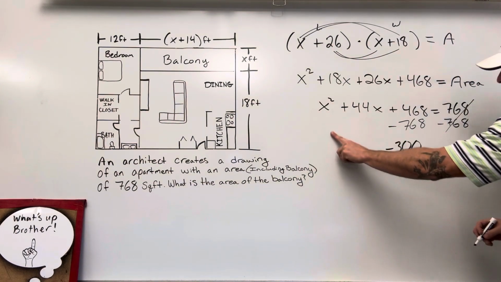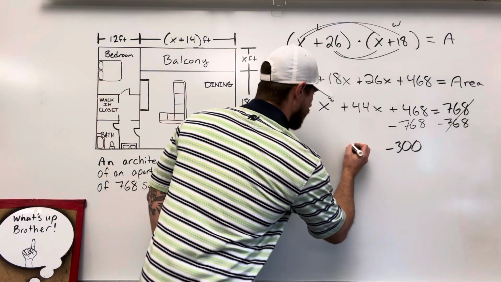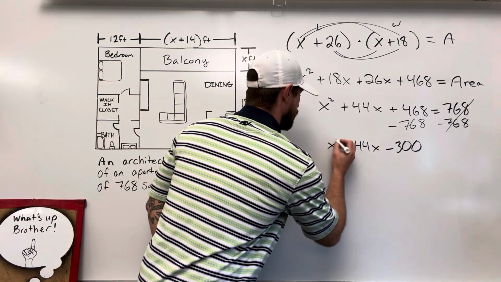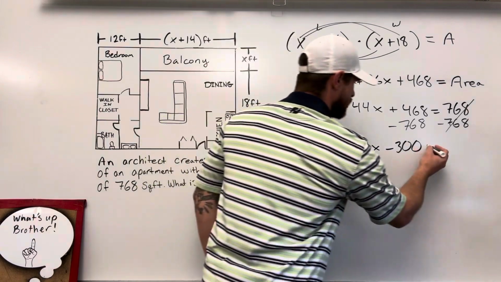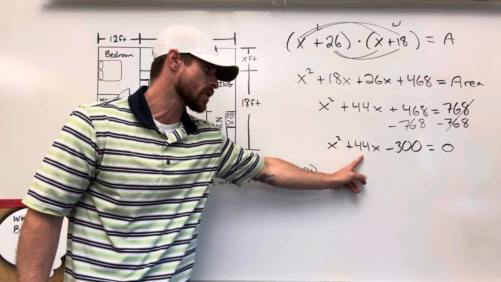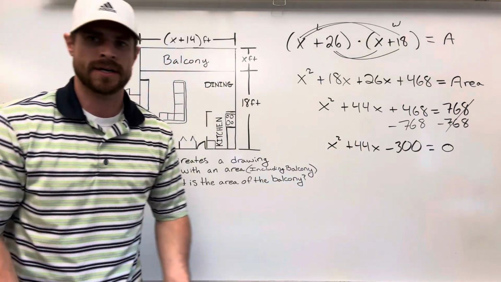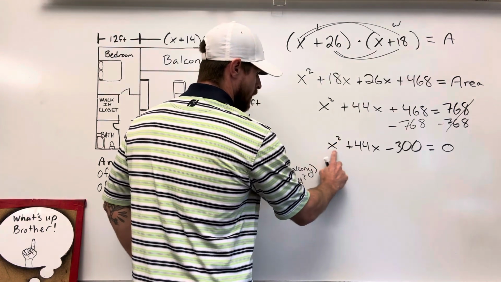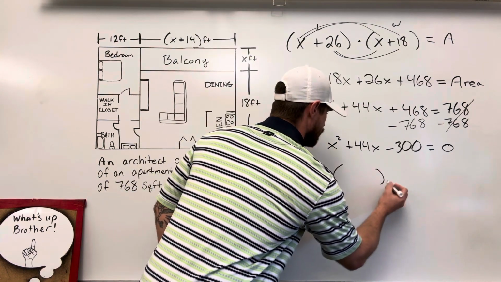Bring down the terms that haven't had anything done to them. So I've got a positive 44x. And I've got an x squared. And I'm going to now have that set equal to 0, which is what we need in order to solve the quadratic. Okay, you can solve this a number of different ways. I'm just going to factor it out. So because x squared is my front term, what do we know about when we go to factor this?